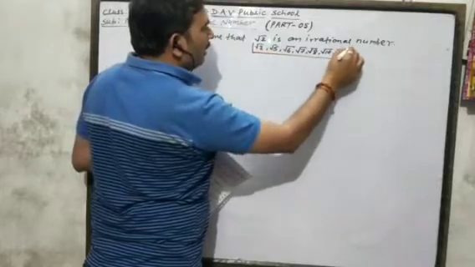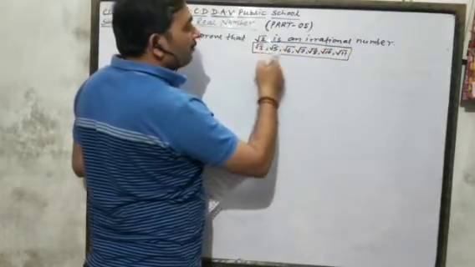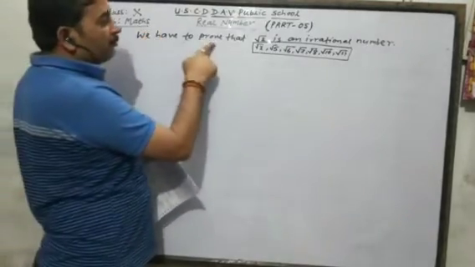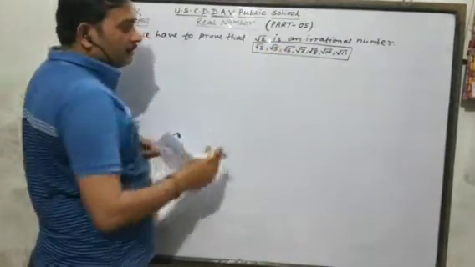Similarly, you can prove it. These numbers are irrational. So we have to prove that root 2 is an irrational number.